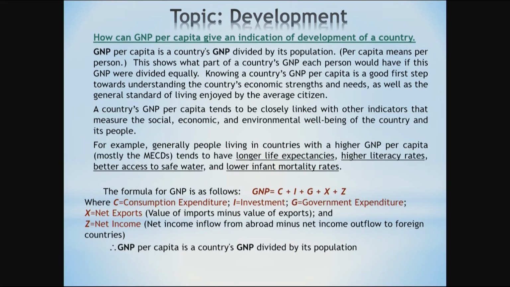For example, generally people living in countries with higher GNP per capita, we're talking mostly about the more economically developed countries, they tend to have longer life expectancies, higher literacy rates, better access to safe water, and lower infant mortality rates.